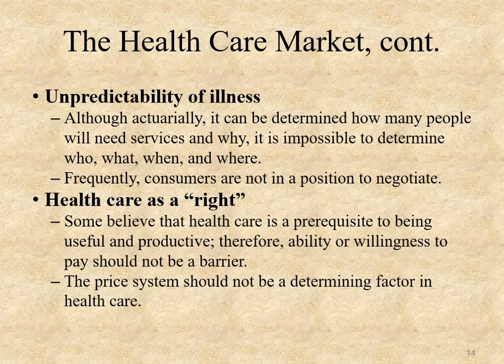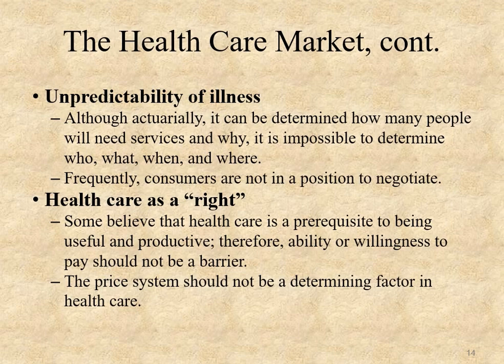Frequently, consumers are not in a position to negotiate. Also is the issue of healthcare as a right. Some believe that healthcare is a prerequisite to being useful and productive. Therefore, ability or willingness to pay should not be a barrier. The price system should not be a determining factor in healthcare.